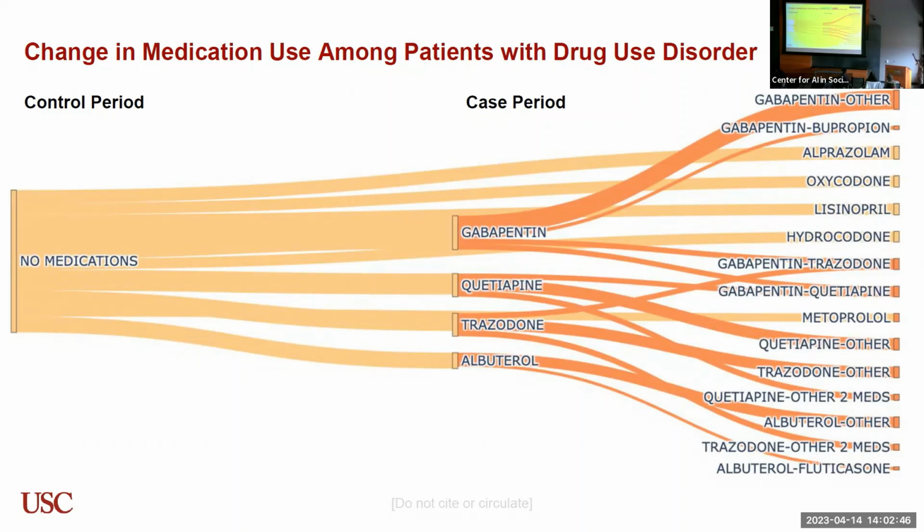And certain interesting combinations came up, such as gabapentin and trazodone, gabapentin and quetiapine, and even respiratory and heart medications like albuterol, lisinopril, and metoprolol, which are not federally regulated and are not considered as contributing to overdoses.